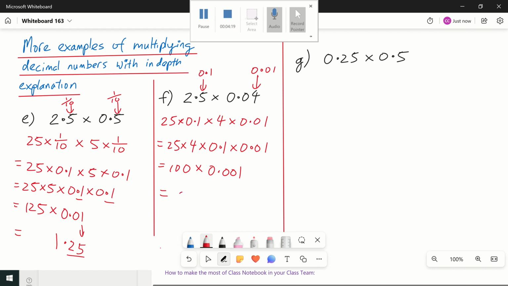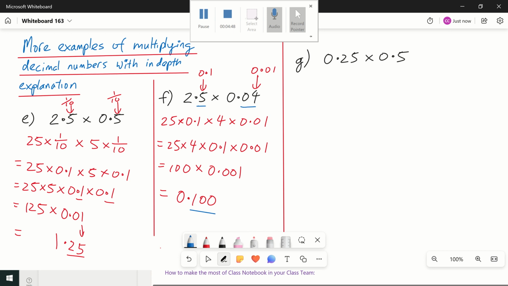So that gives us 0.100. And you notice here in this case, the answer has 3 decimal places, which matches up with 2.5 having 1 decimal place and 0.04 having 2 decimal places, which amounts to a total of 3 decimal places.